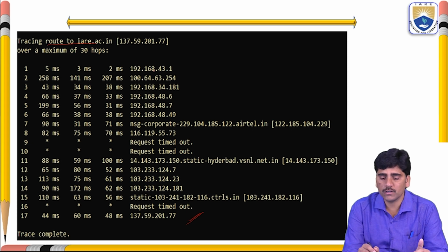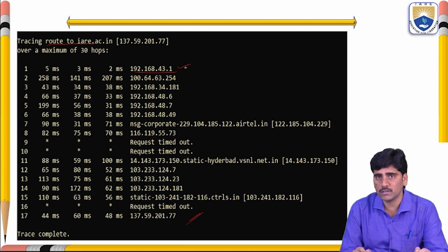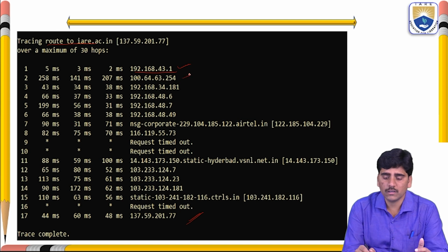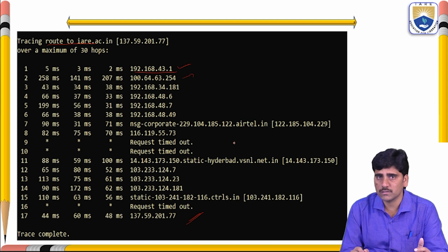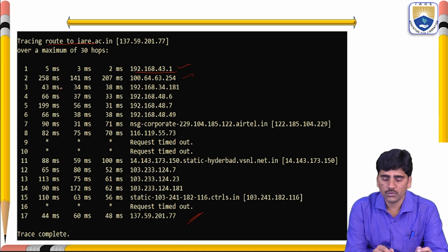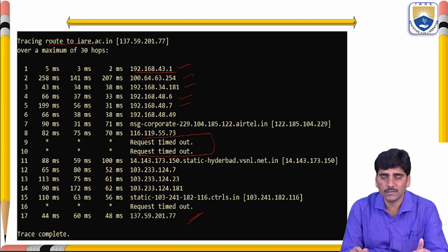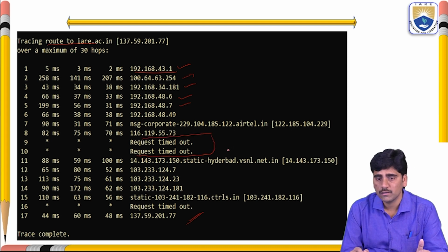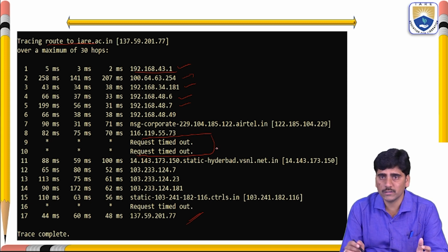Each and every router has its own IP address, and each has a certain time for the transmission of the data. Here the second router is 258 milliseconds, the third router is 43 milliseconds, the fourth router is 66 milliseconds, the fifth router 199. And here you can see at the 9th and 10th places, the routers have not responded. Hence, the data has to be passed on to the next router.